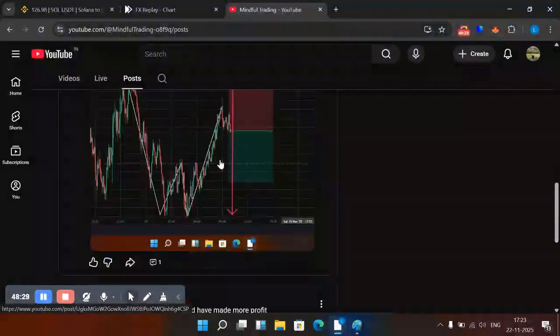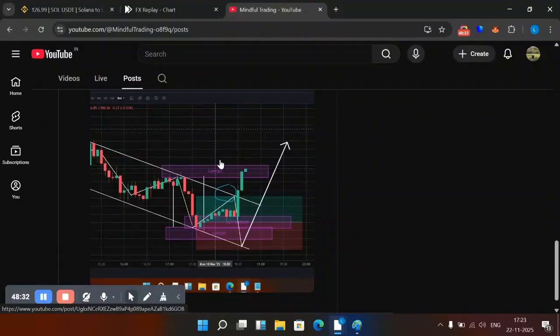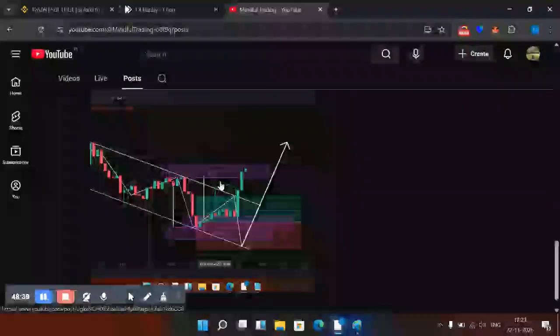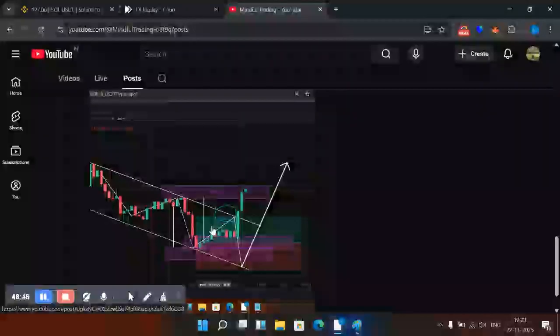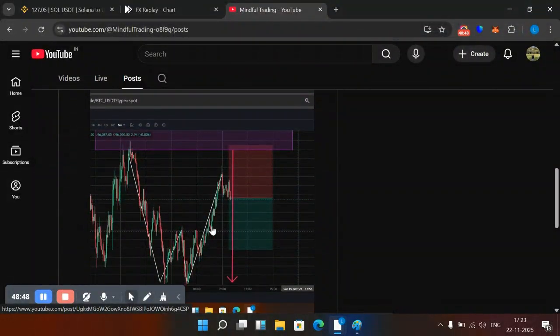These were the patterns. Fine, so if we would have seen this breakout, long and obviously profit here. We have done this already.